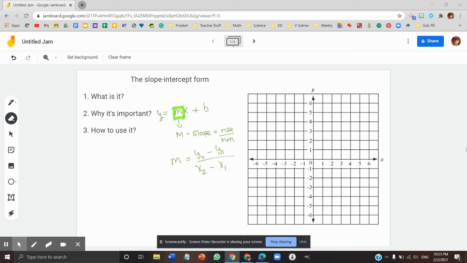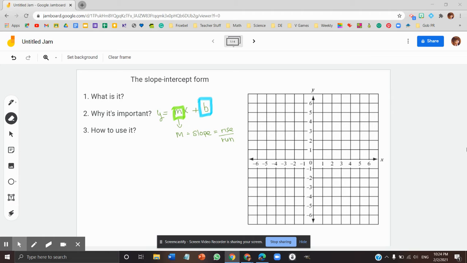But today we're not talking about how to find that slope using that formula. What we're talking about is how to use the slope-intercept form to find that slope. And that slope is right there. The other thing that we discussed today was what is that letter B right there. And I told you that the letter B is just a constant in my equation.